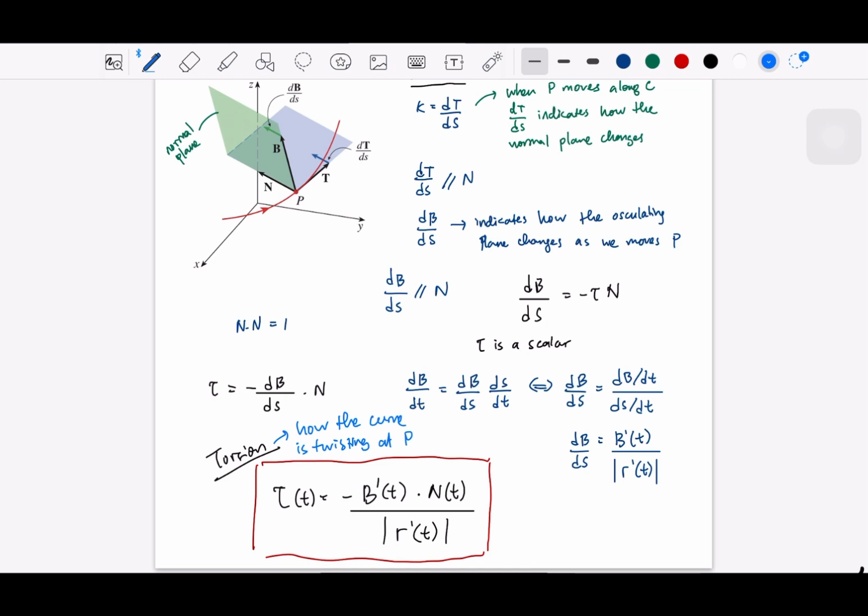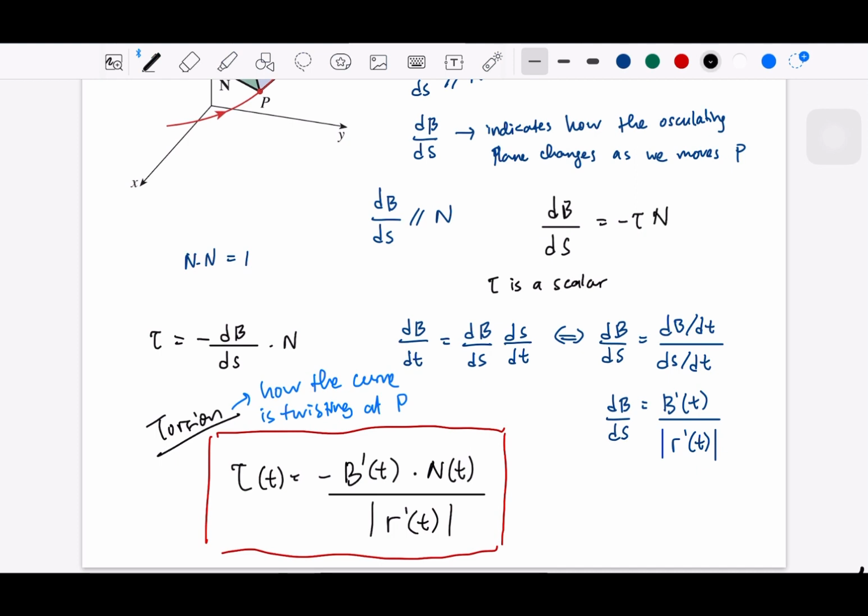There are other terms for the torsion under the formula. It's quite long.